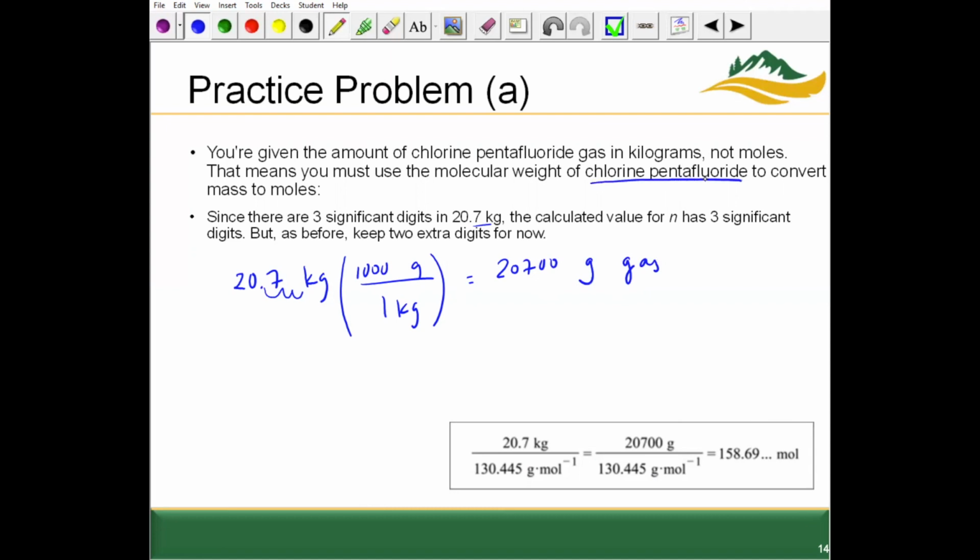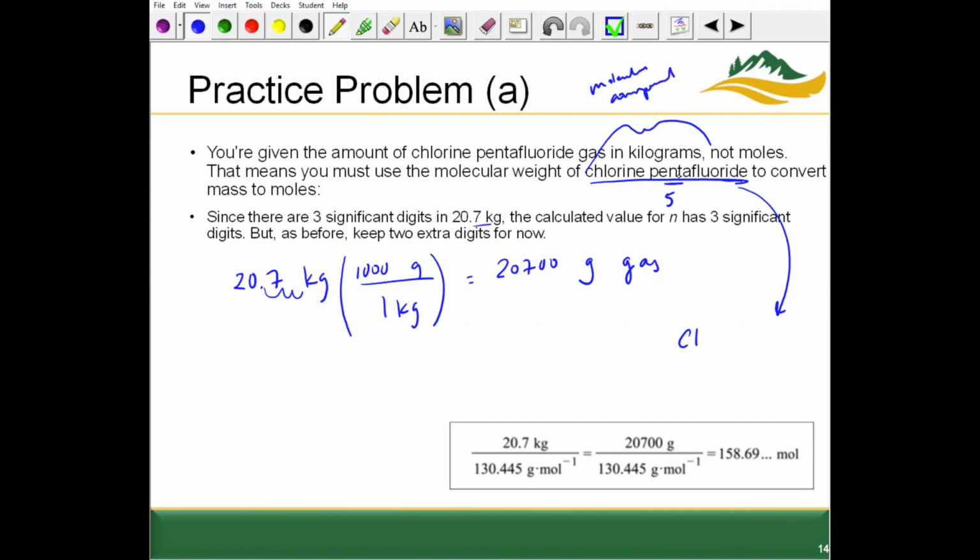Now, chlorine pentafluoride, how do we know what this is? How do we read this name and convert that into a formula? So chlorine, we list the first element. Penta, that means 5, right? Fluoride, we change the ending to IDE for this molecular compound.